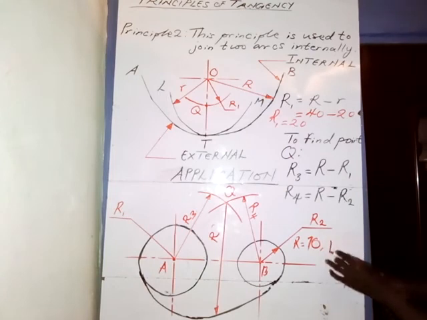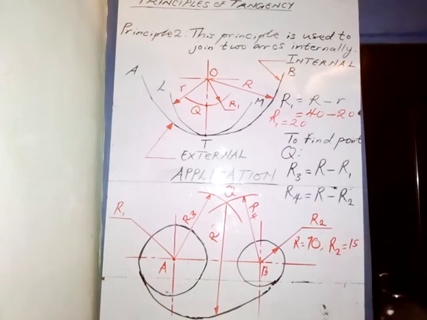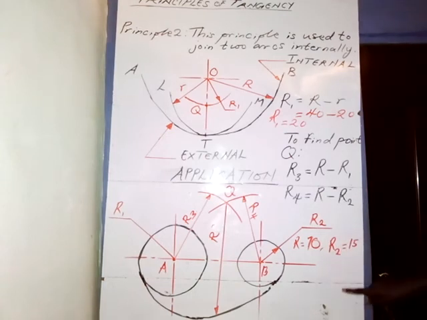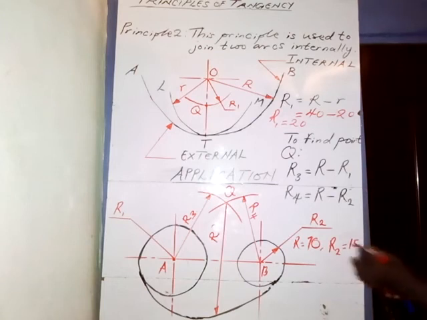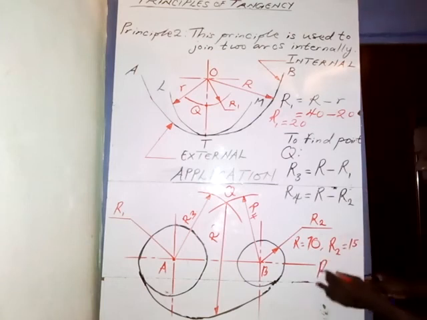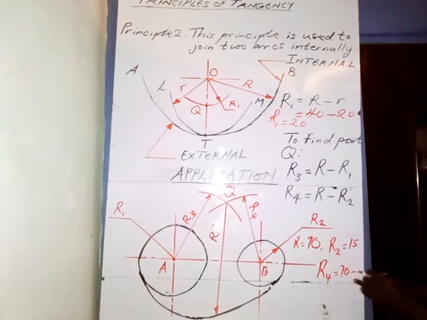So R2 is equal to 15 millimeters. So R4 will now be equal to 70 minus 15, which will give us 55.